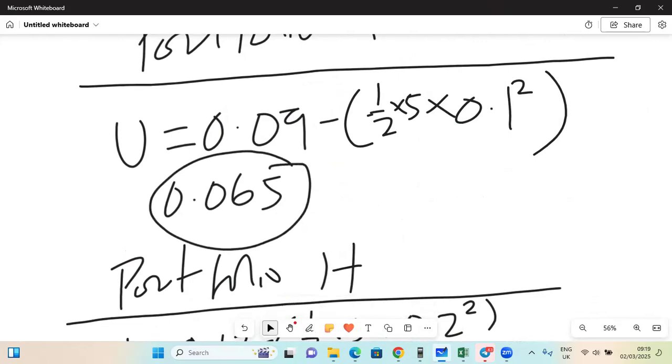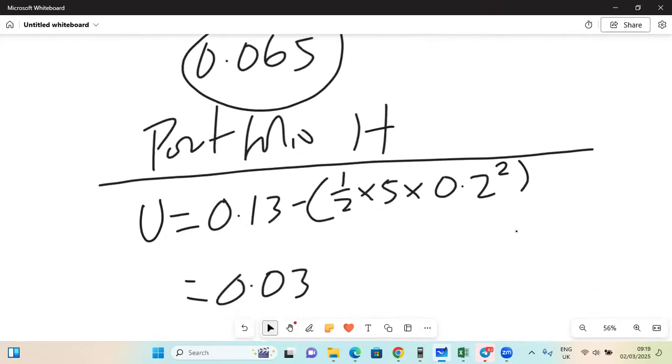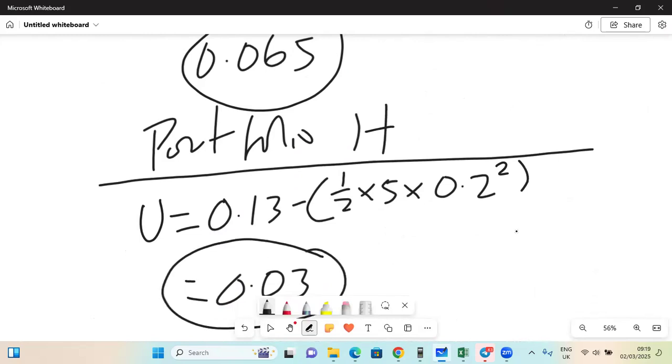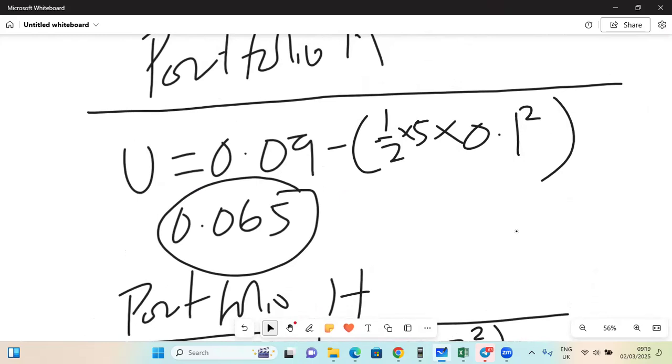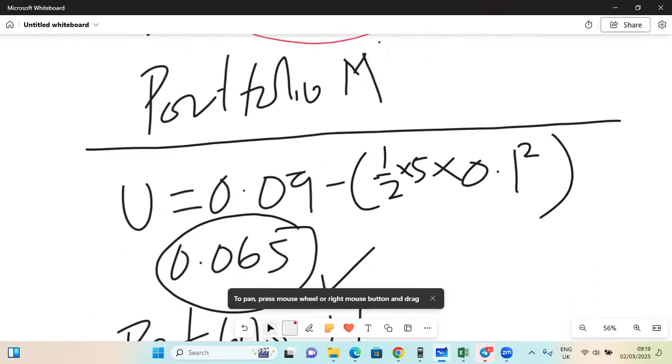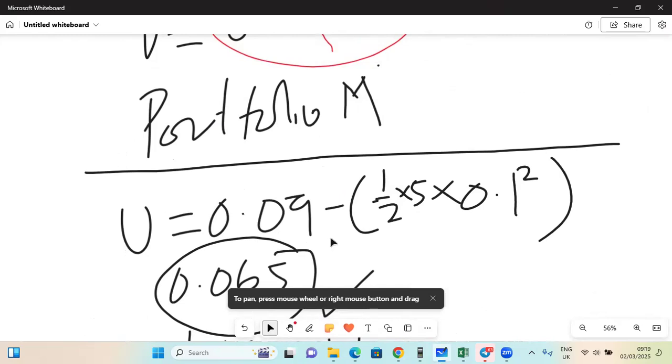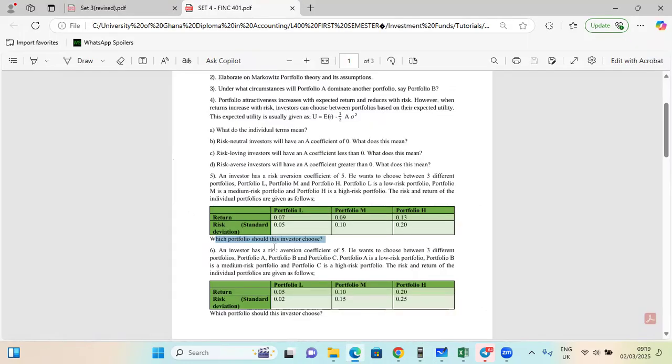And for portfolio H, the utility is this. So you can see that portfolio M offers the highest utility. So that's what the investor is going to choose. The investor is going to choose portfolio M because that gives him the highest utility. Right. So that is it for question 5.